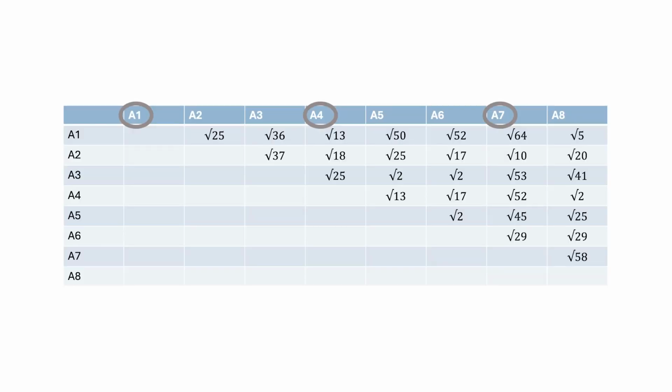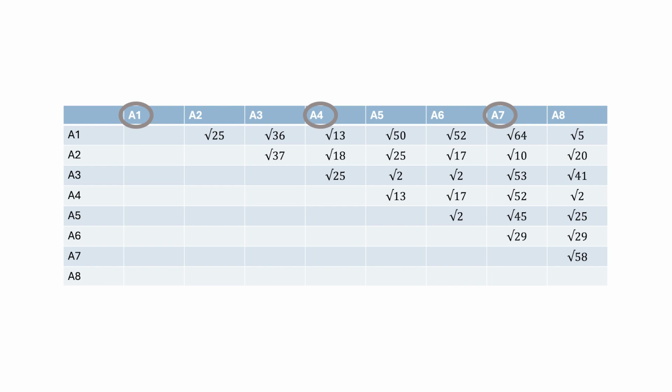To help us make our calculations, I will create a distance matrix where I will put in the first column all the points, the name of all the points, and as the first row, all the points also. So each cell will indicate that I'm going, for example, from A1 to A1, or from A2 to A3, and so on.